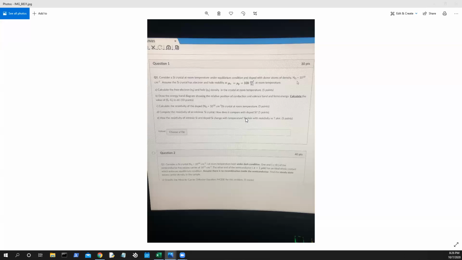And then the last part of this question is E, which is how the resistivity of intrinsic silicon and doped silicon changes with temperature. Now this is the exact thing I was just talking about. So the resistivity of intrinsic silicon drops, just hits the ground when it comes to increased temperature, because it starts super, super high.